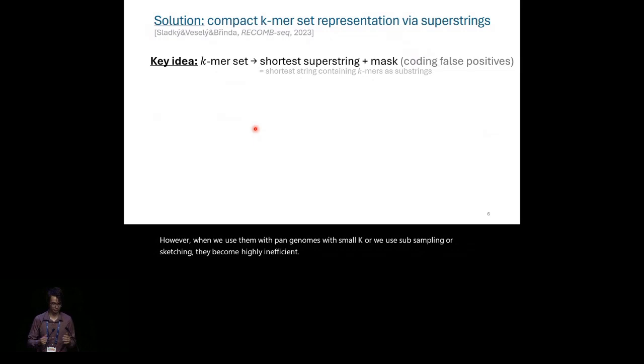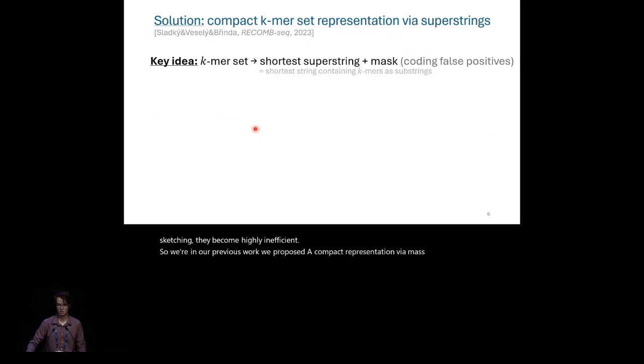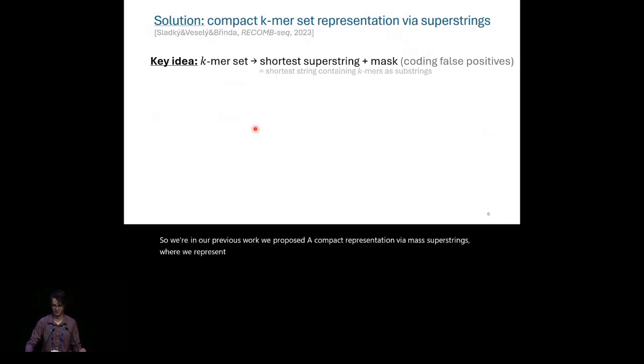So in our previous work, we proposed a compact representation via masked superstrings, where we represent the k-mer set with its shortest superstring and an additional mask, which encodes which k-mers in the superstring are actually from our set.